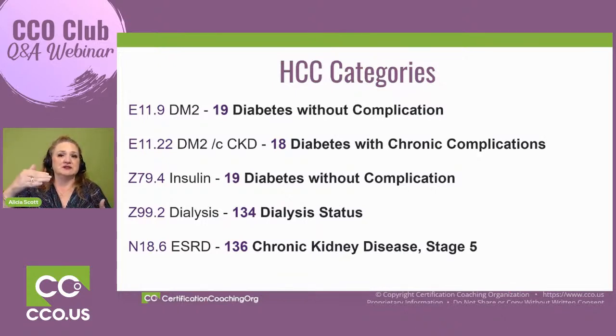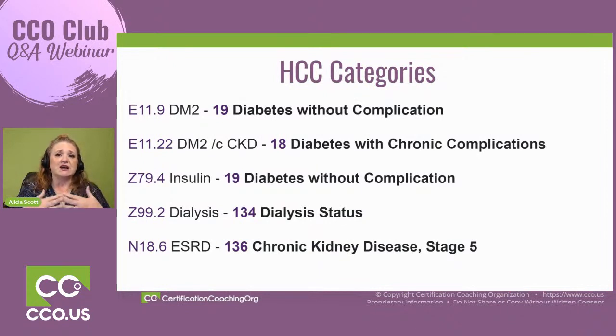It carries the same weight as an E11.9 because it's in the same category. So 18 and 19 are the same category, but different weight because of severity and complexity that goes with the disease process. And there's also a 17. Now, in the past, Z79.4 carried an 18 versus a 19, but now it carries a 19 because they make little nuances and changes.